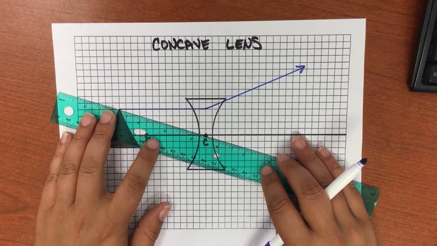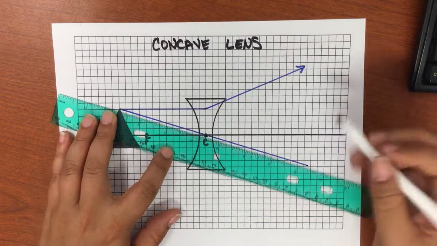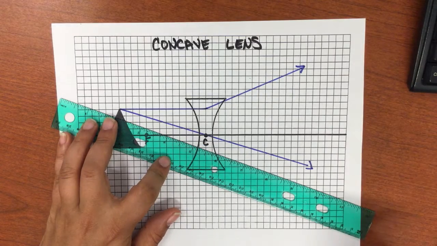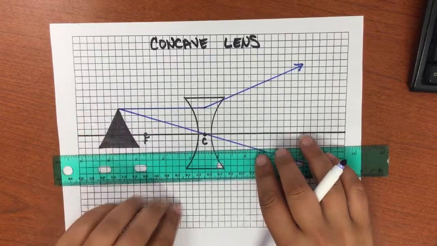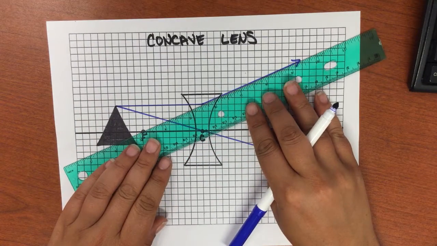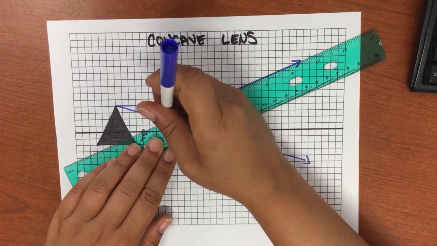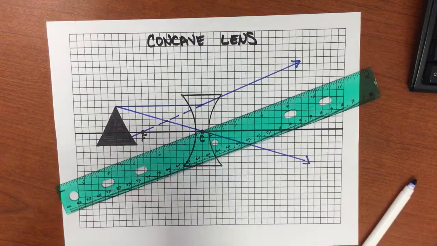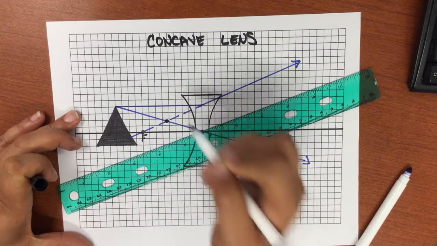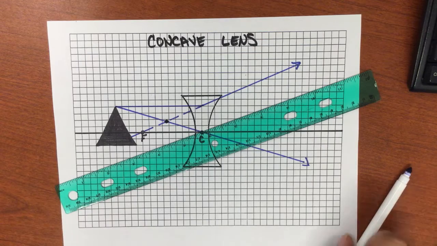My second ray still acts the same, and it goes through the center of the lens. These two are never going to intersect, so I need to follow it back. Okay, and this is my determined intersection.